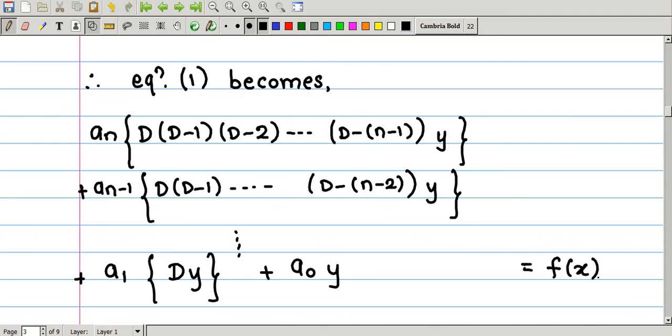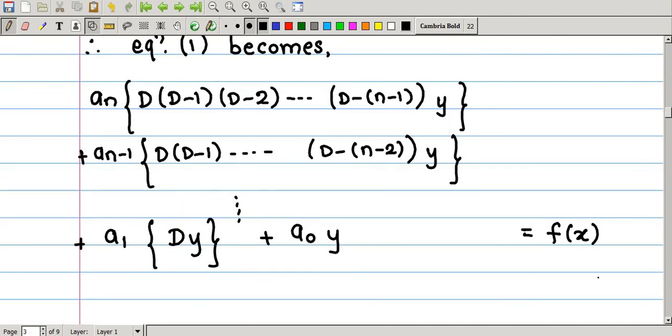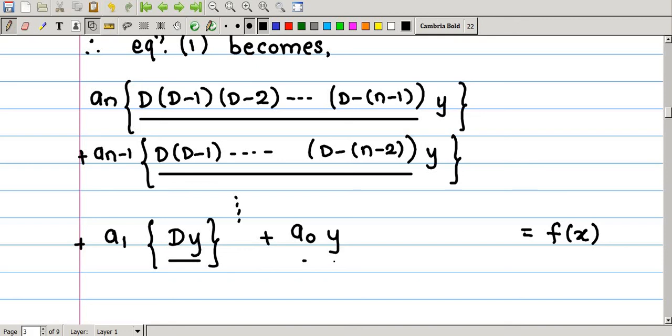Now if you just observe here, on the left hand side all the derivative terms contain constant coefficients. There is no term containing x, which means in LHS we have made the equation free from variable coefficient, and since we have replaced x in terms of z, we get new function as put x is equal to e raised to z.